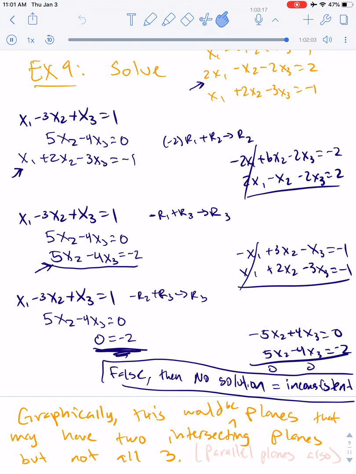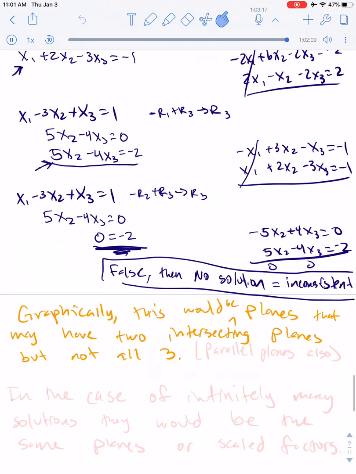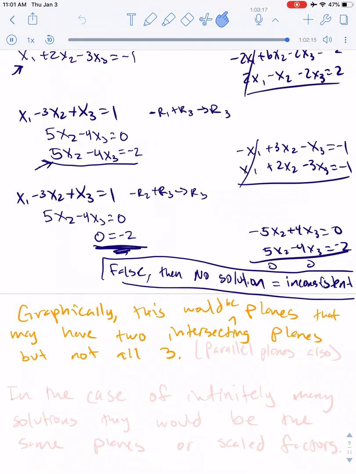Well, what would it look like in the case of infinitely many solutions? In the case of infinitely many solutions, that would look like, let me use a different color. It would be, sorry, not parallel.